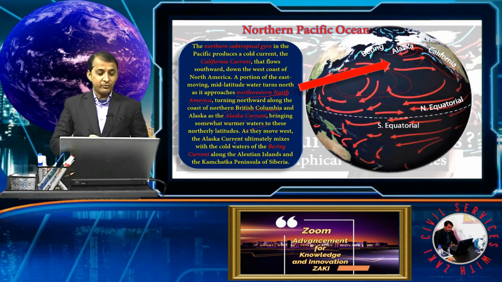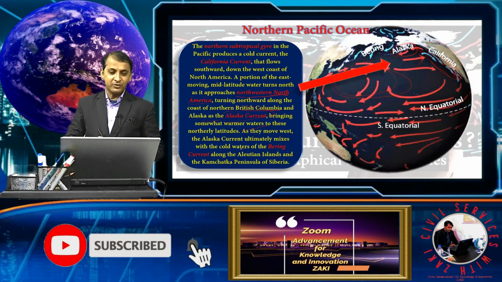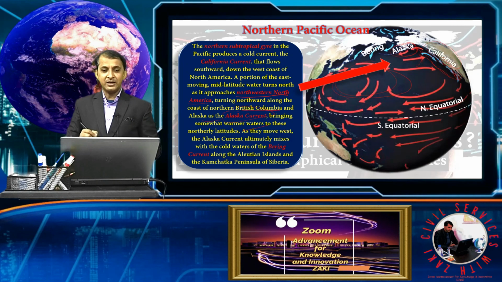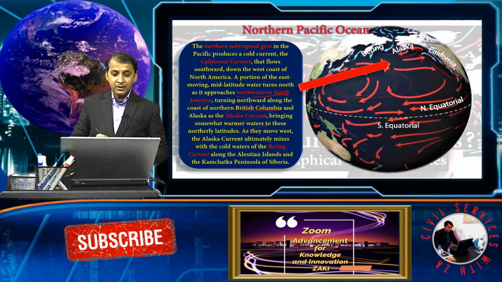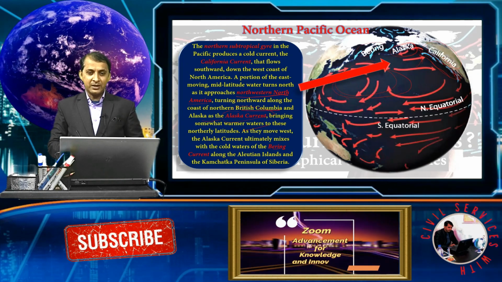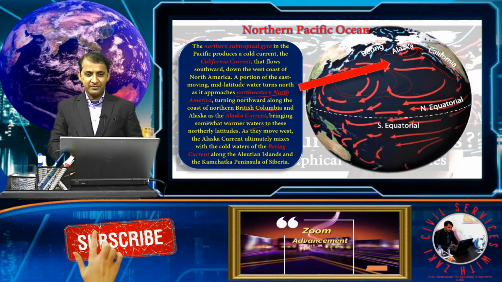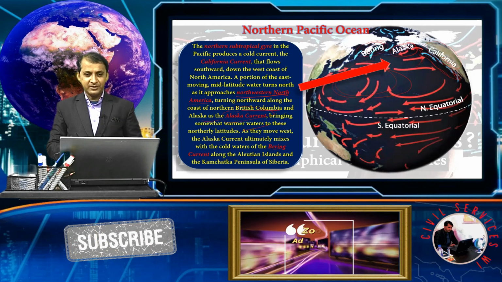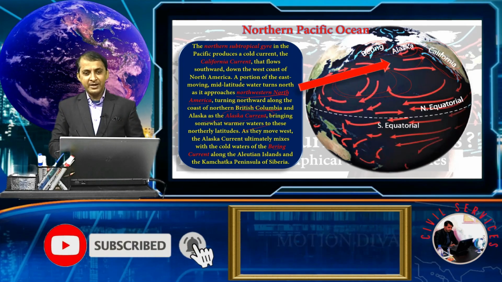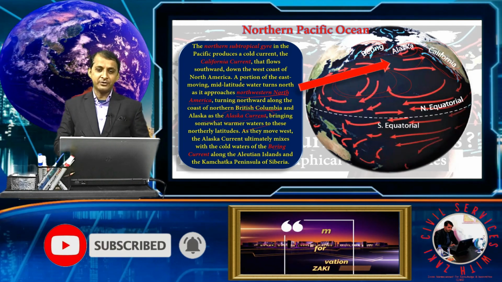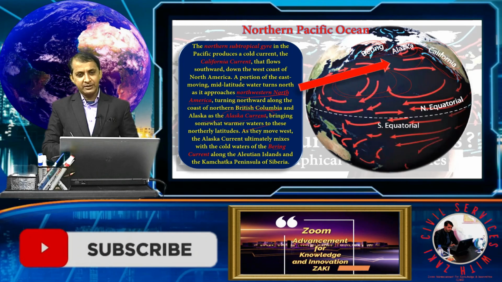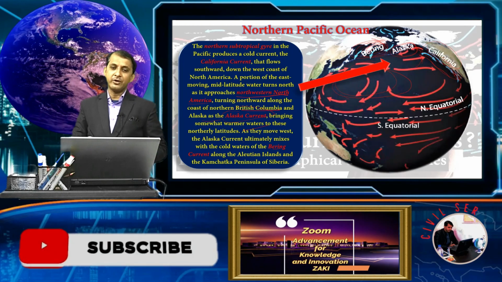As they move west, the Alaskan current ultimately mixes with the cold waters of the Bering current along the Aleutian Islands and the Kamchatka Peninsula of Siberia.